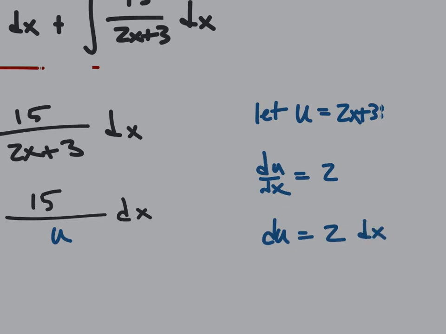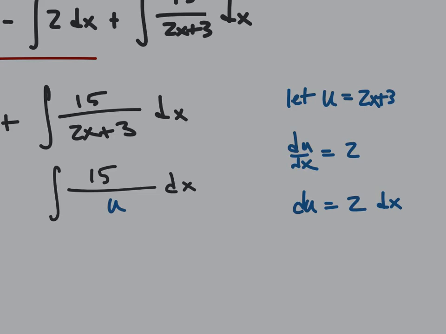And so what I then want to do is really just come over here and get dx by itself. The 15 doesn't really matter, but let's do this: 1/2 du is equal to dx. All right, so let's just get rid of this dx here and replace it with 1/2 du.